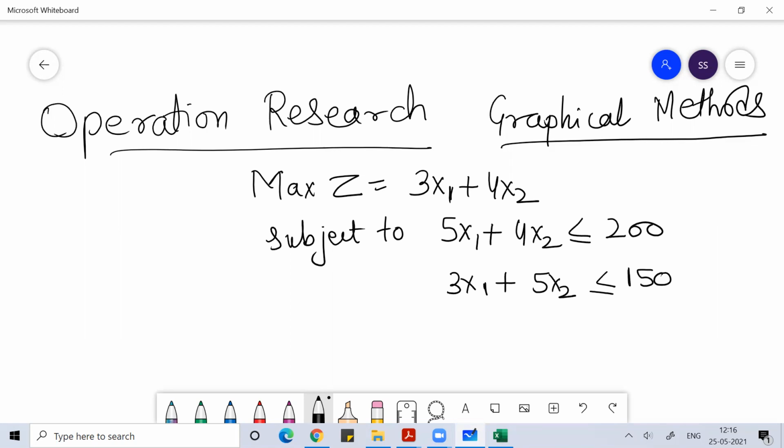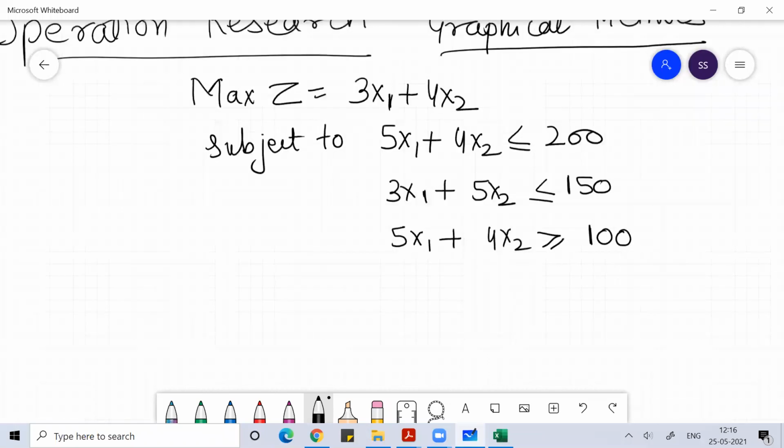The third equation is 5x1 plus 4x2 is greater than or equal to 100, and the fourth equation is 8x1 plus 4x2 is greater than or equal to 80. And the last is x1 and x2 should be greater than or equal to 0. You have to solve this using the graphical method.